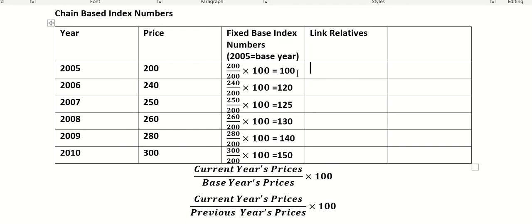Now I will calculate link relatives. In the first year we do not have any previous year, so we will just simply take it as 100.